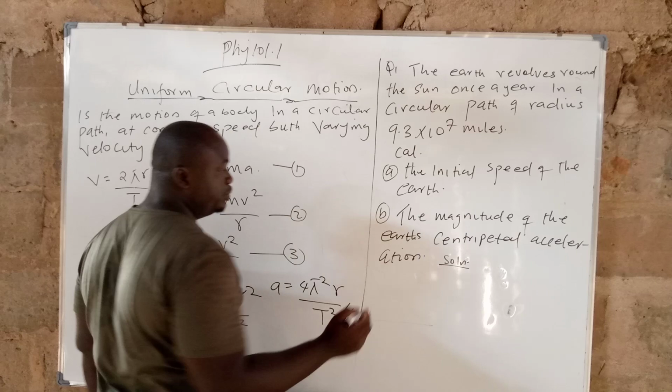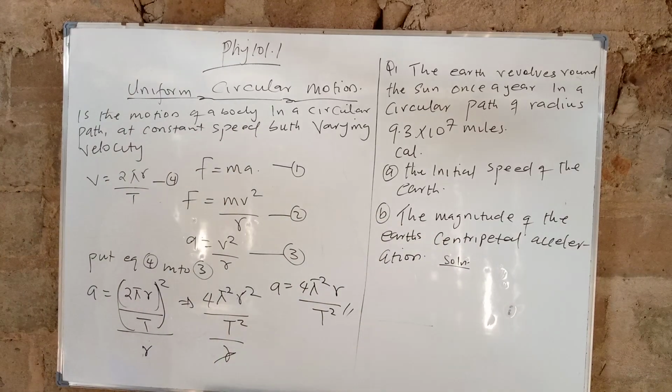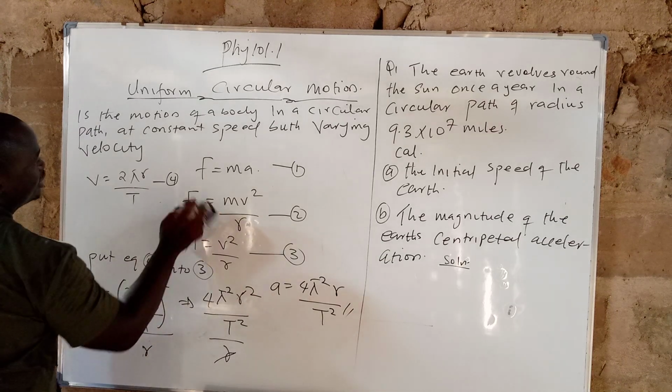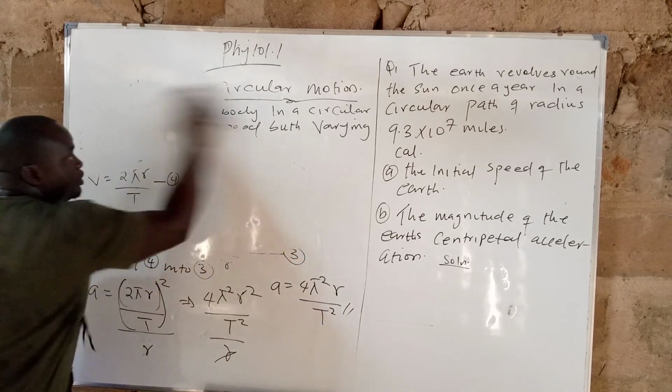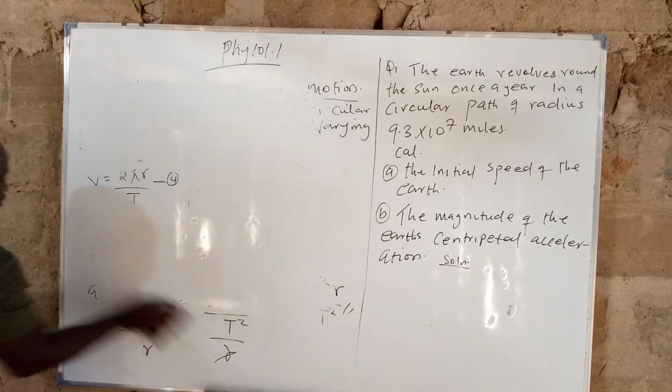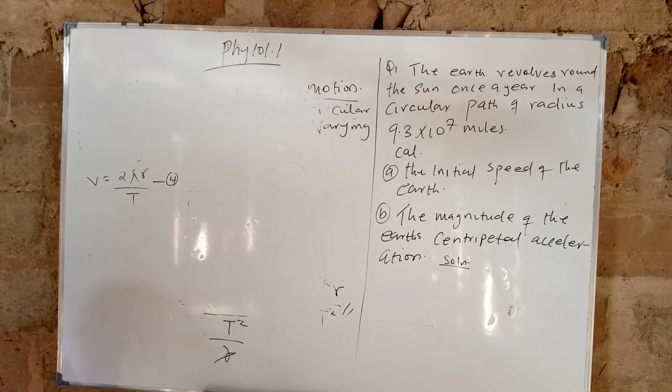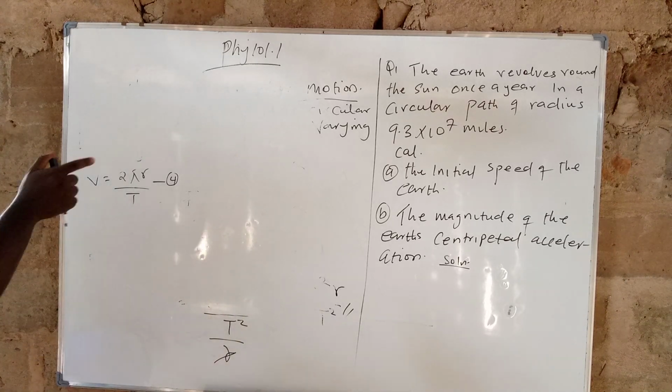what I'm going to do is use this equation on the board and solve it. Remember, we said that v is equal to 2 pi r, the radius, over the period, the time.